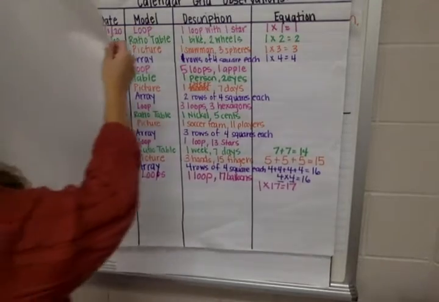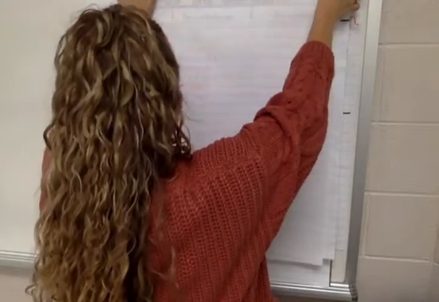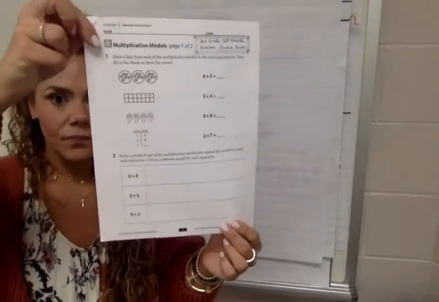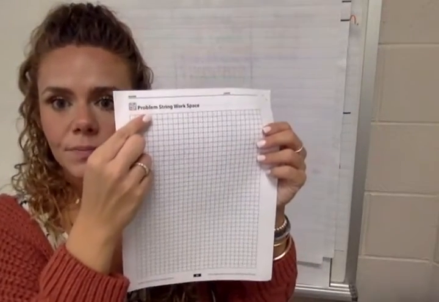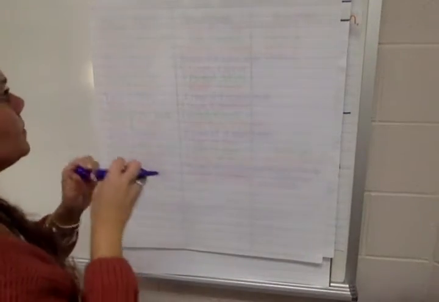So right now while Miss Johanna gets set up, I would like you guys to get out your Number Corner packet. It's the one that looks like this. Pause the video if you have to. And I want you to turn to the problem string workspace, because today we're going to do a problem string. We're going to talk about how we can solve the problem string several different ways.